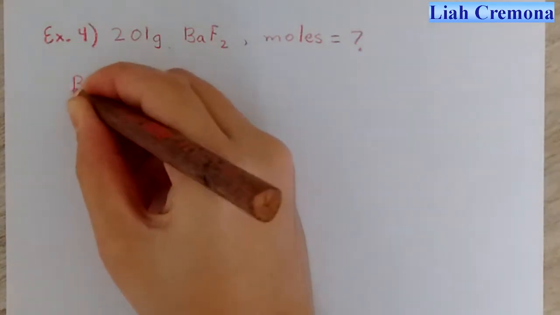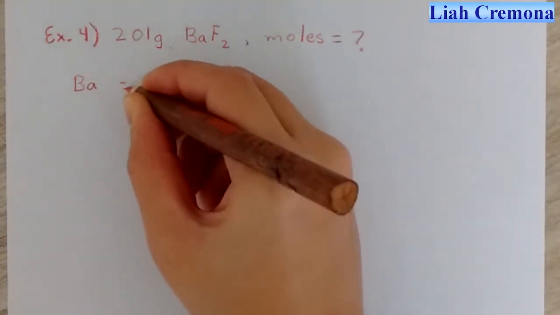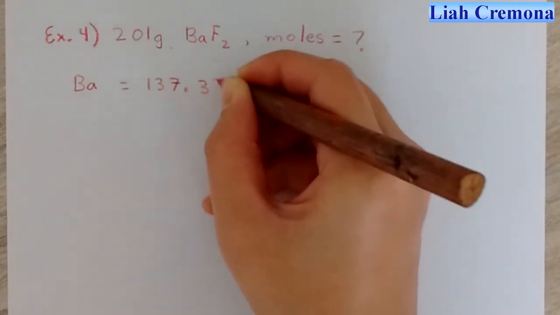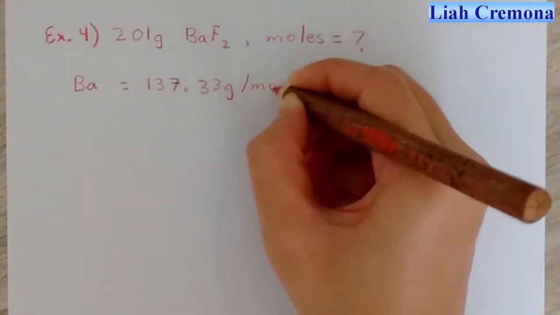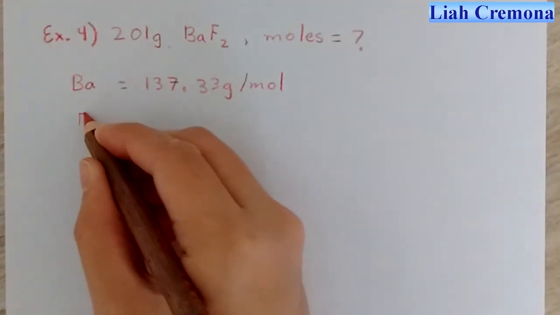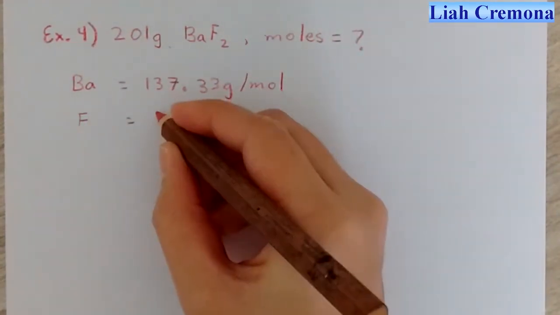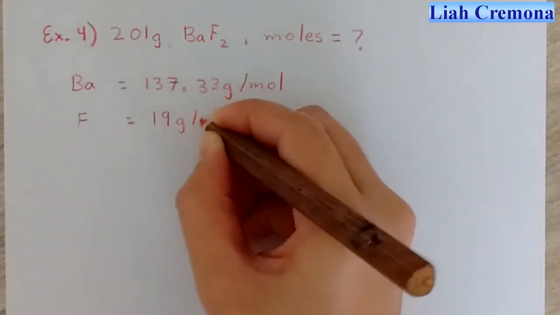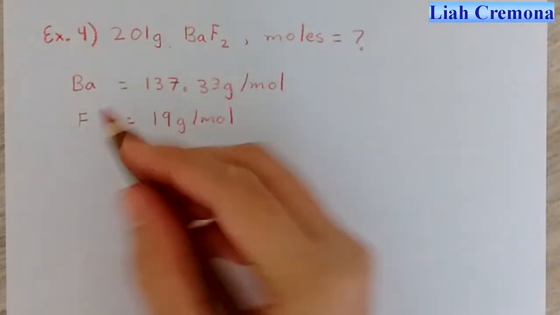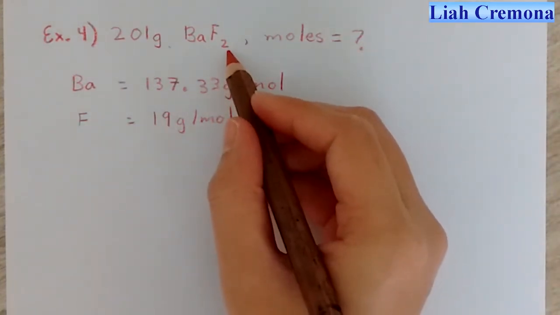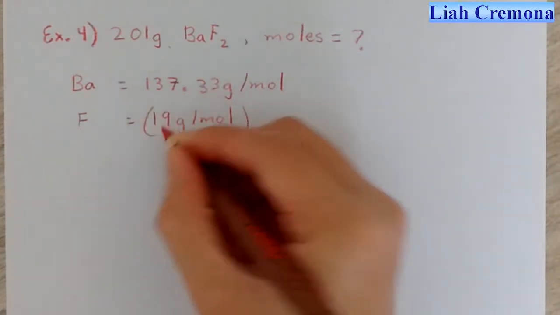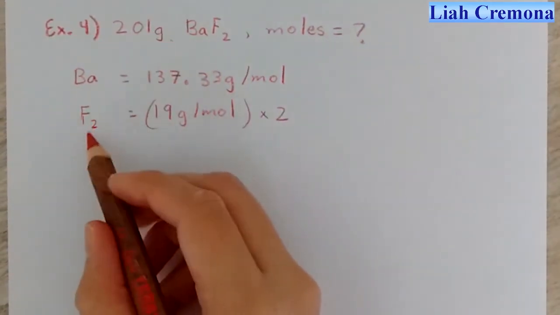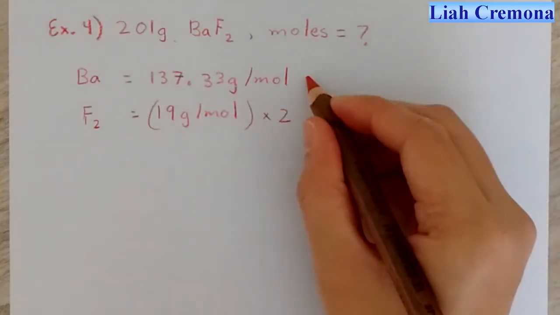Barium has a mass number of 137.33 grams per mole, and fluorine has a mass number of 19 grams per mole. Now, because there are 2 fluorines, we must multiply 19 times 2 to give us the mass of 2 atoms of fluorine.